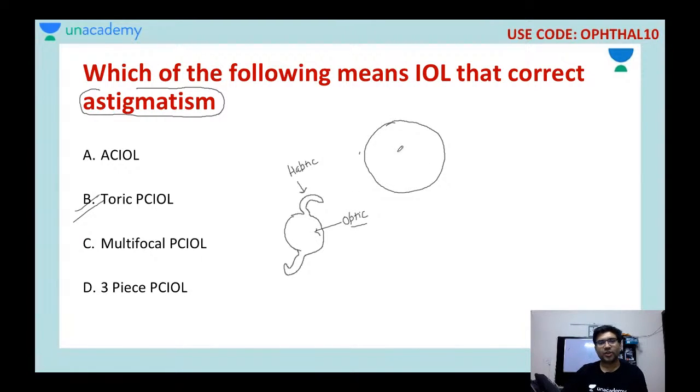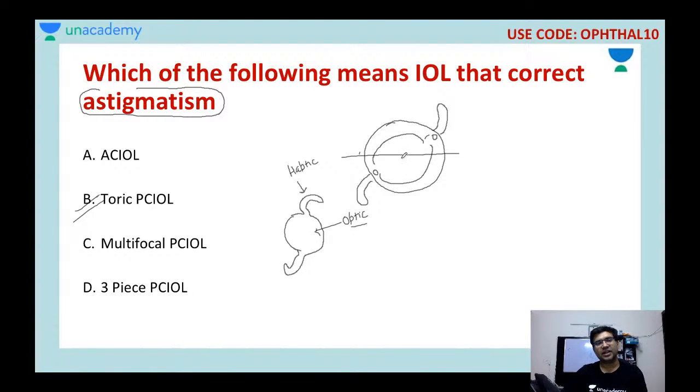So when we have to put it in the sulcus region, let's say there is astigmatism. There are two holes in the optic, and we put the IOL in such a way, it is designed in such a way that our haptics are aligned in this direction. Okay, so let's say this is 180 degree.